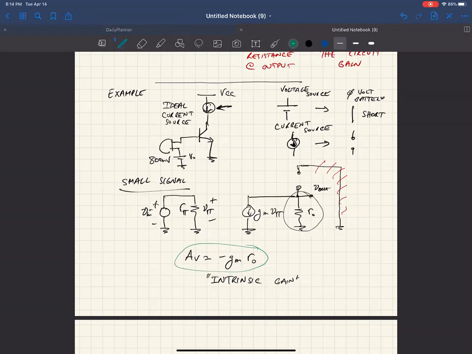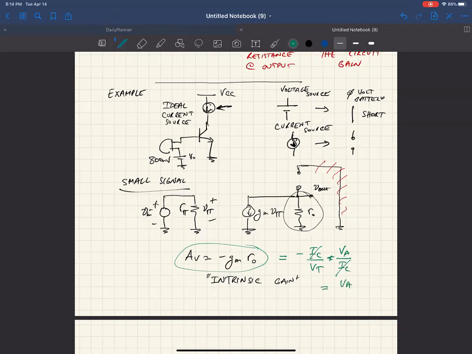Oh, by the way, sorry, the current doesn't matter, because let's say if I just do this, g_m is I sub C over V sub T. And the output resistance caused by the early voltage is V sub A over I sub C, so these guys cancel each other out.